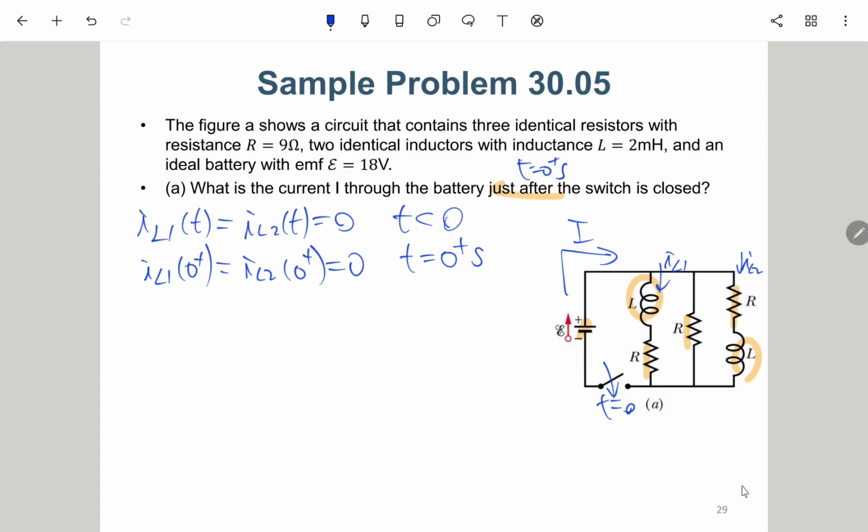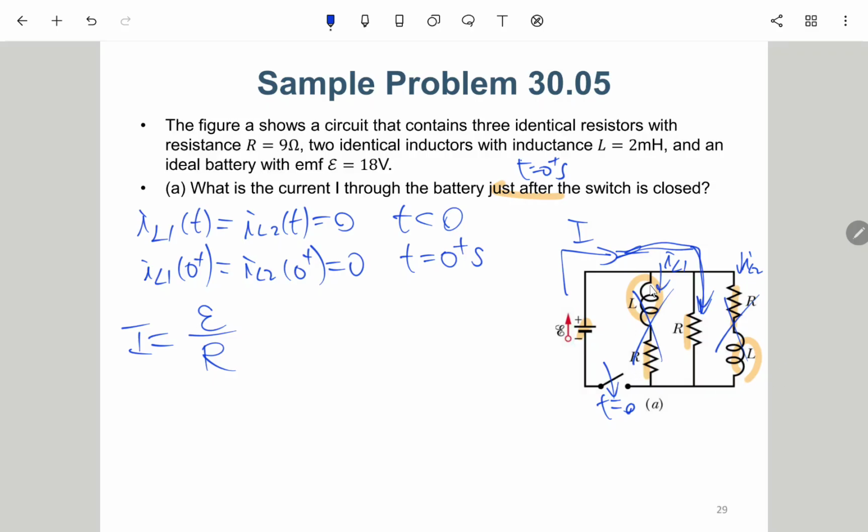So there should only be current going through the resistor, and all the current will go this way, so I will be E over R only. This path should be open, and this one also. There won't be current because the current for the inductor is continuous.